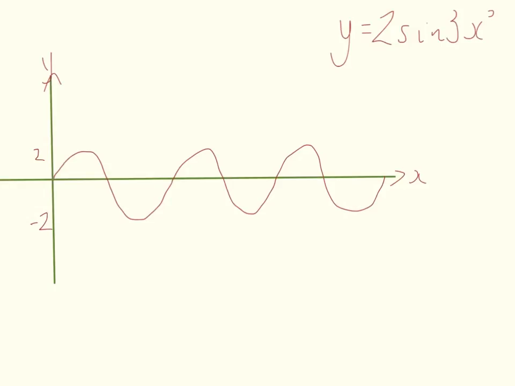The 3 in front of the x tells me that I've got 3 revolutions of sine in my 360 degrees. So my first revolution finishes here. My second revolution finishes here.